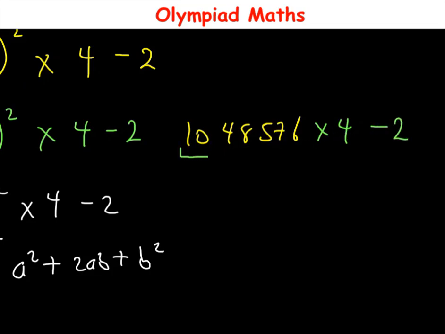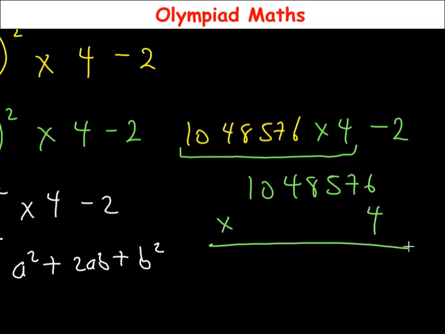Now let's first do this right here. We have 1,048,576 multiplied by 4. What will be the value? Now 4 times 6 is equal to 24. So write down 4 and carry 2. 4 times 7 is 28, plus 2 is 30. Write down 0, then carry 3. 4 times 5 is 20, plus 3, 23.